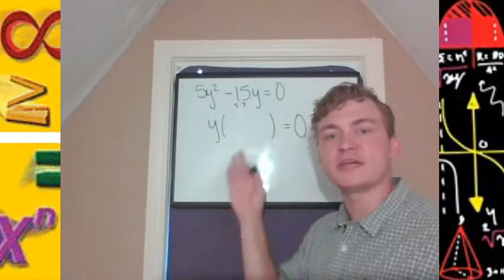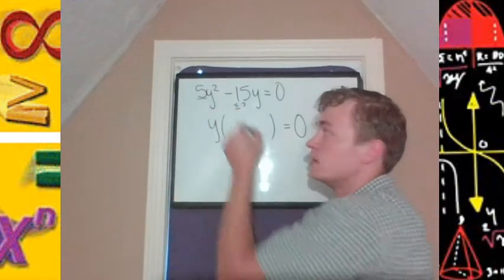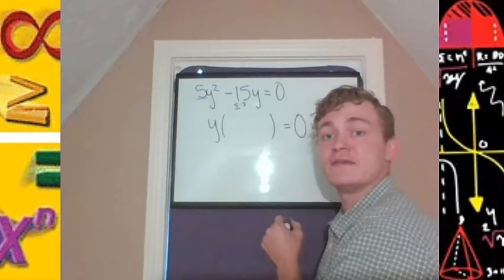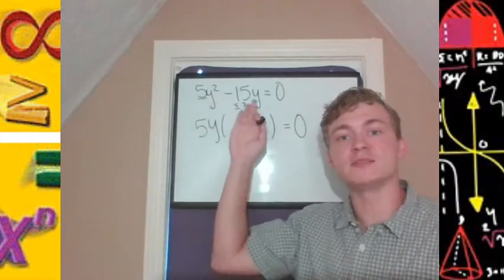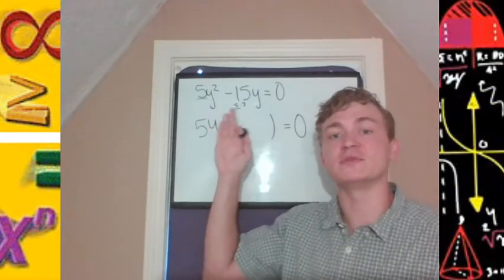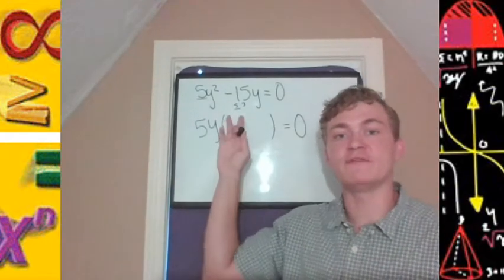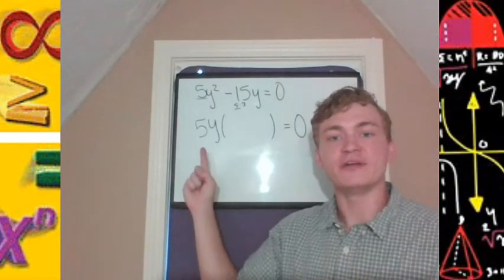Right, we know that 5 times 3 gives us 15, so we can factor out the common factor of 5 as well, because we see that 5 is multiplying here and it's multiplying here. It's just hidden. 15 times y is 5 times 3 times y, so we move out the common 5 and the common y.